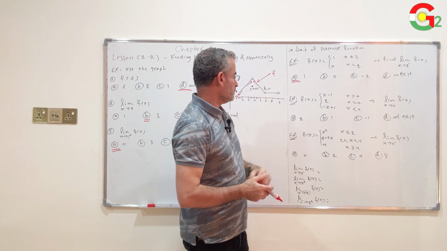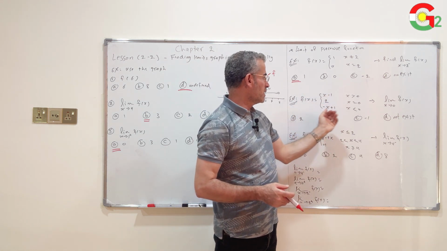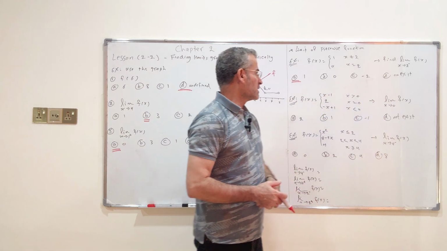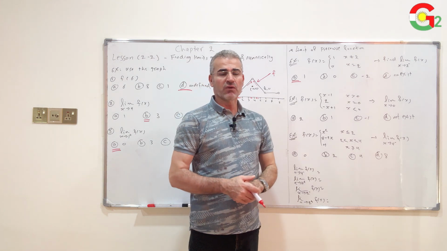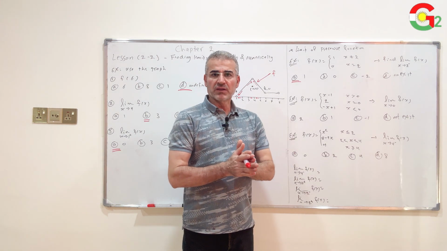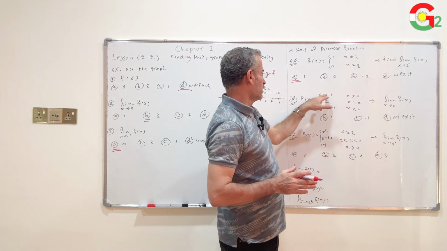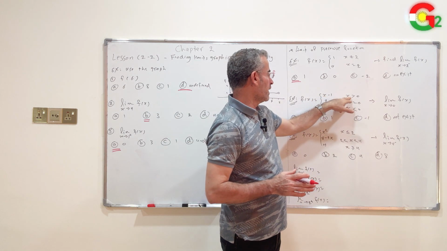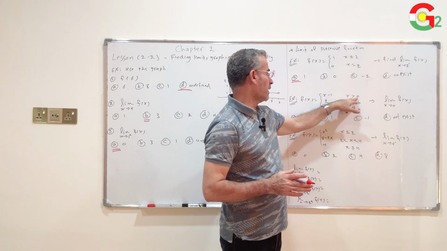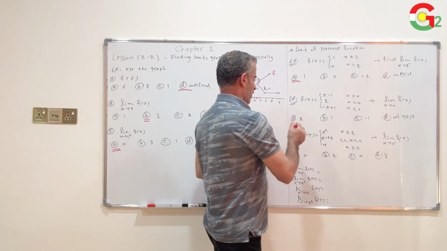Example, f of x equals a piecewise function, as you see. Find limit as x approaches 0 for f of x. I'll find from left and from right and see the result. When x greater than 0, from the right, 0 minus 1, it is negative 1.